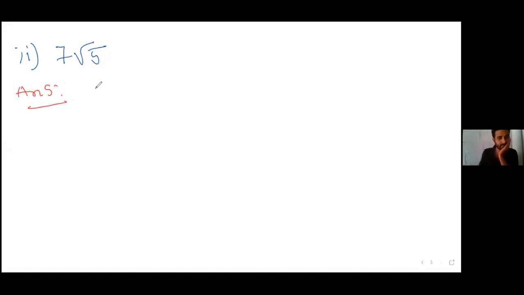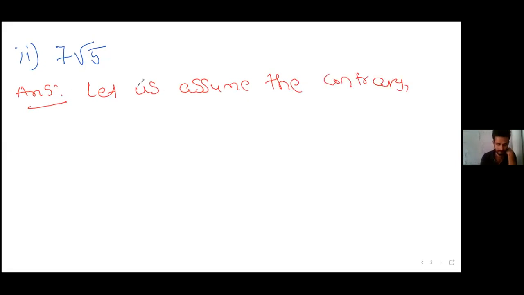So here we need to assume the contrary, right? So let us assume the contrary, that 7 root 5 is a rational number.